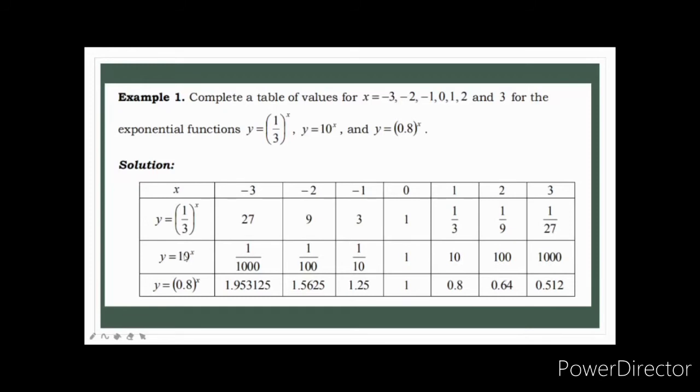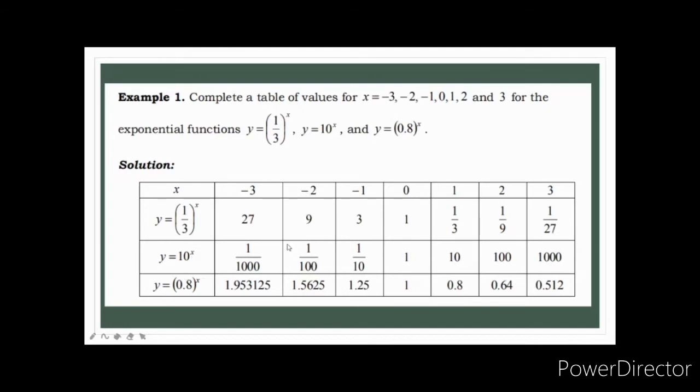Number 2 solution, our exponential function is y equals 10 raised to x. If x is negative 3, that becomes 10 raised to negative 3, which is equal to 1 over 1000. If x is negative 2, we have another negative exponent, so y equals 10 raised to negative 2.